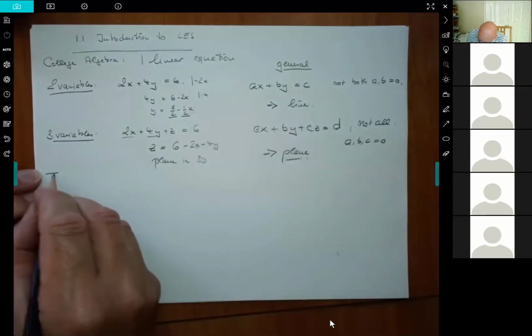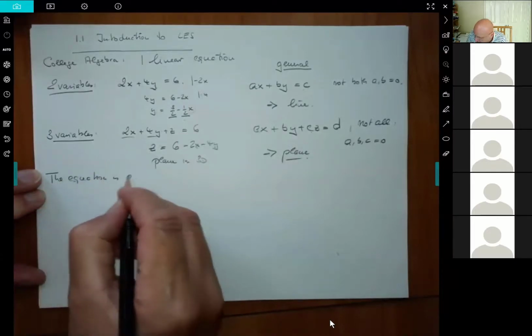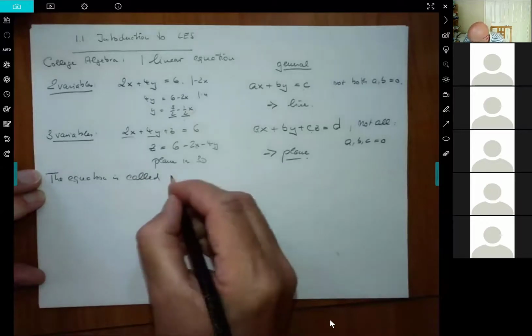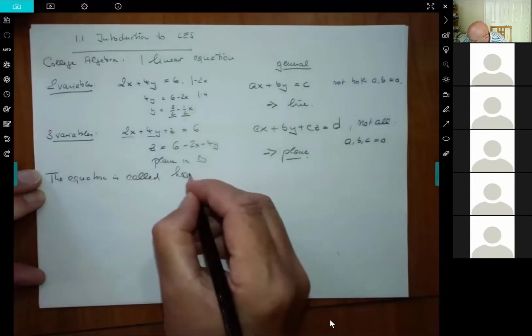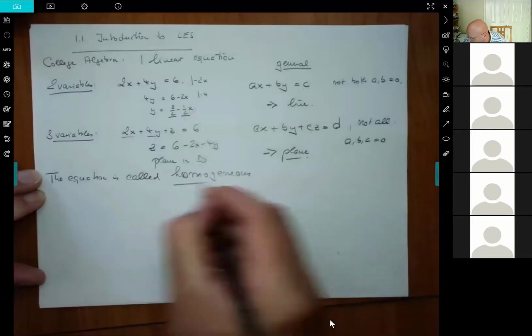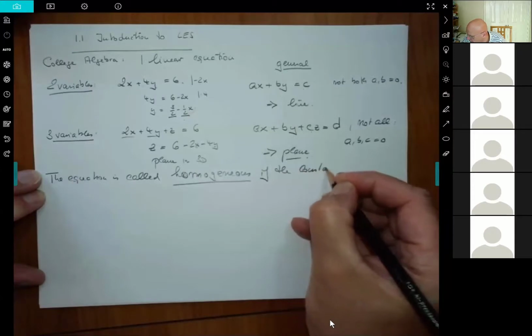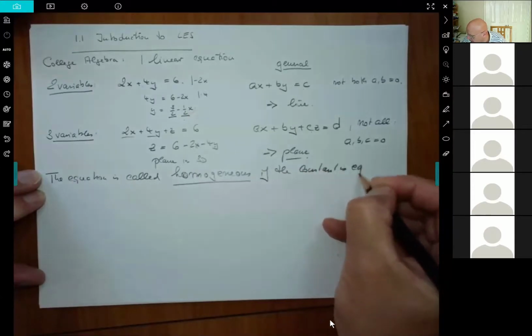So the equation is called homogeneous if the constant is equal to 0.